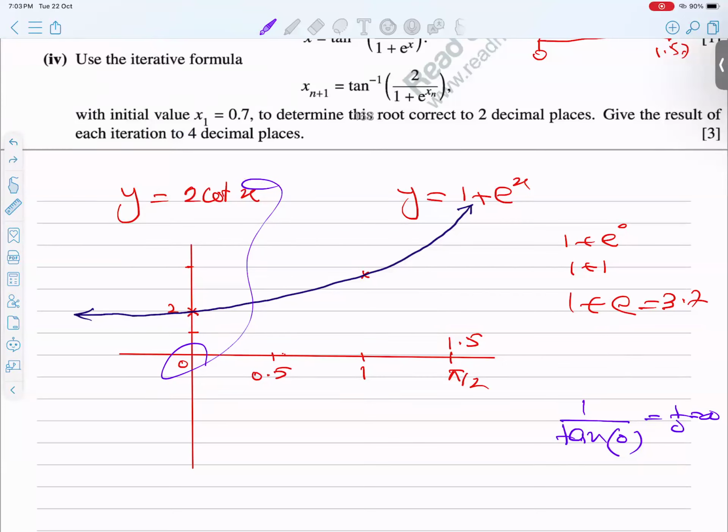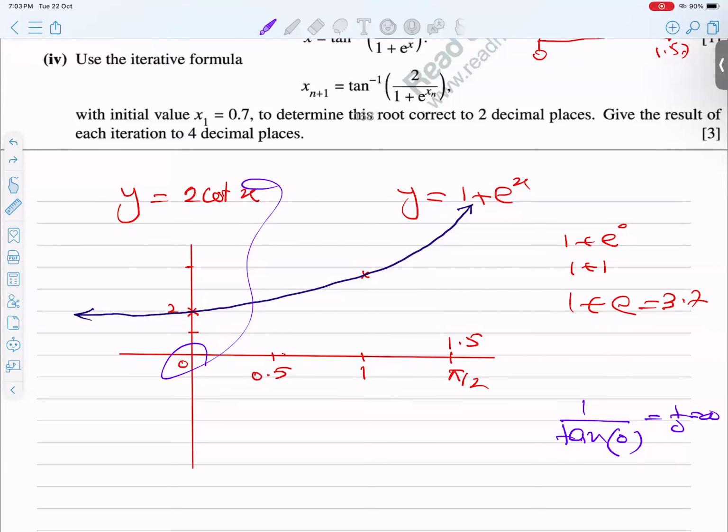The other way is to plug in any other number, like 0.5. When I plug in 0.5 here, students, you can type in parallel with me in the calculator: 2 divided by tan 0.5, and make sure it is in radian mode. When I type it in the calculator, I get 3.6 something.